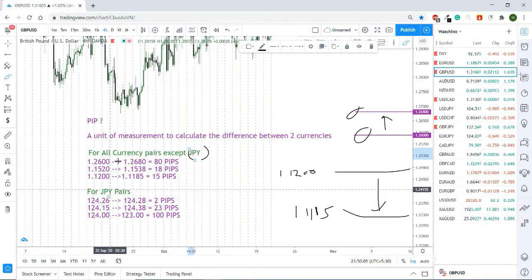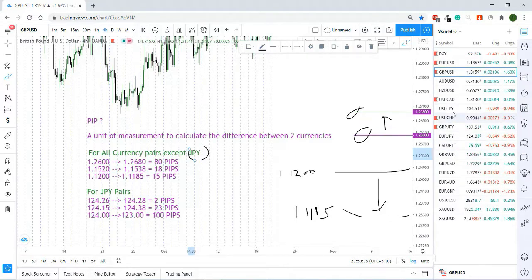If we look at the left side of this pane, there are several charts: Euro USD, GBP USD, AUD USD, New Zealand USD. Except JPY pairs, which means USD JPY, GBP JPY, CAD JPY, all those pairs we calculate pips in a different way.